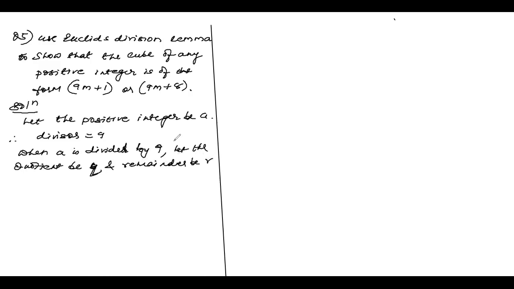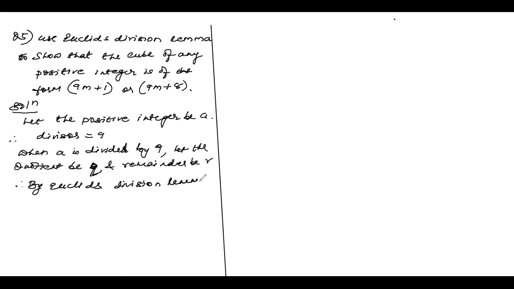When a is divided by 9, let the quotient be q and the remainder be r. q is any integer and r is also an integer. Now what happens? Therefore, by Euclid's division lemma, what will happen, children?